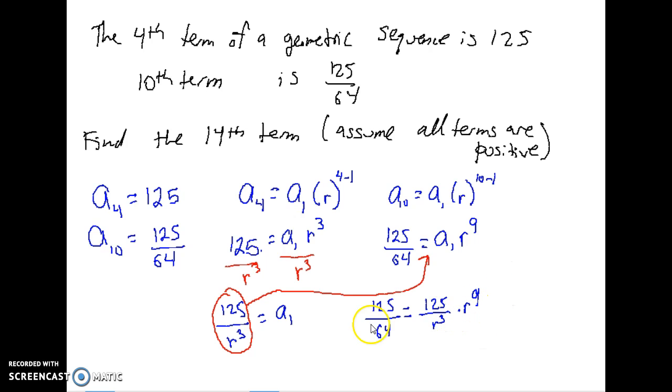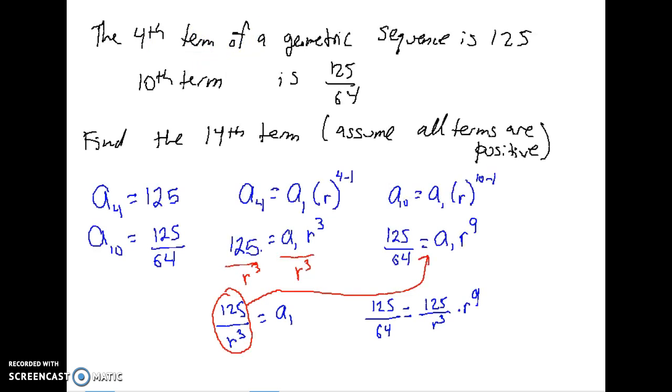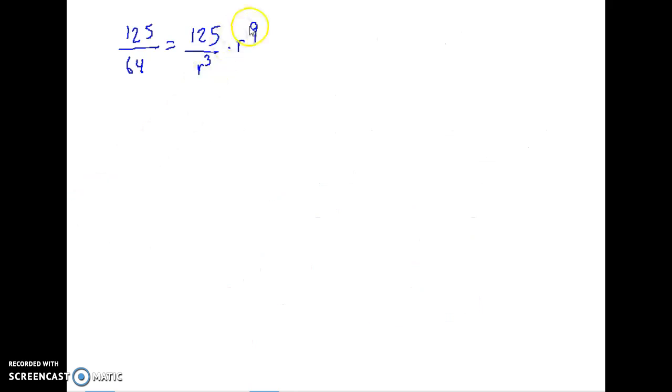I'm going to run out of space, so let me put that information onto a new page. So we said 125 over 64 is equal to 125 over r cubed times r to the power of 9. Let me make sure I wrote that correctly. I did. So let's simplify this. It's 125 over 64 is equal to 125 r to the power of 6.